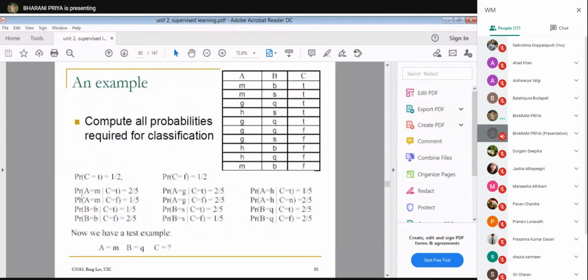Calculate the probability for attribute A when the value is equal to M. We have three values, M, G and H. Given the class value is true, we need to find the probability of A equal to M. True records are 5, and out of these 5 records, 2 have A equal to M. So that is 2 by 5. Is it clear up to now?